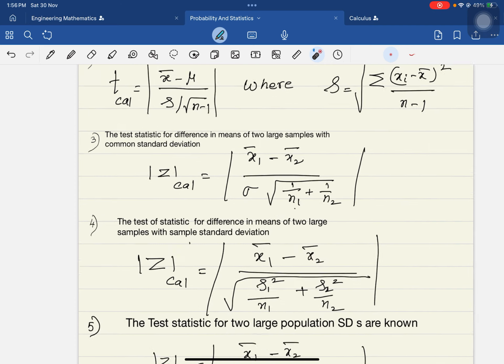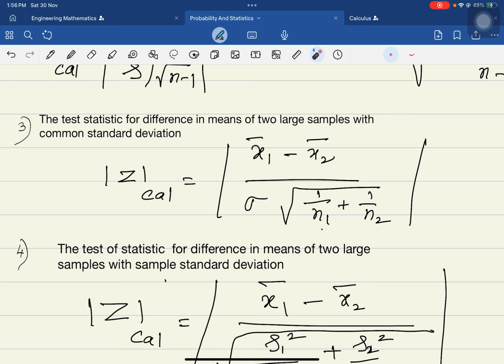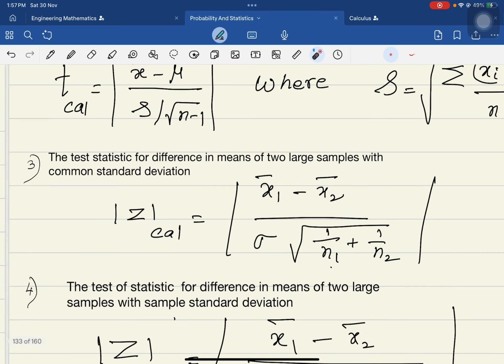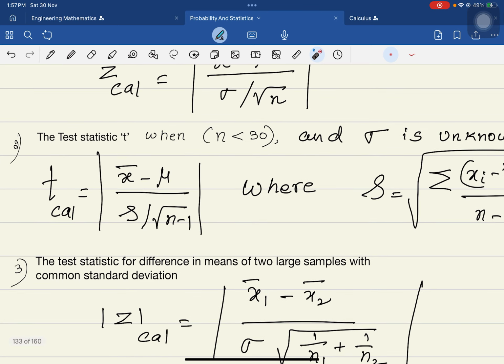Now let us go to the next topic. That is the different scenarios where we have two large samples. Remember, there are two large samples, so their sample sizes are known and their sample means are known. Suppose the population standard deviation is given, then the formula is x1 bar minus x2 bar, that means the difference.